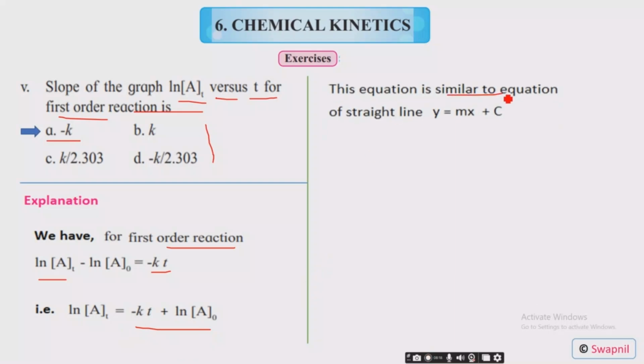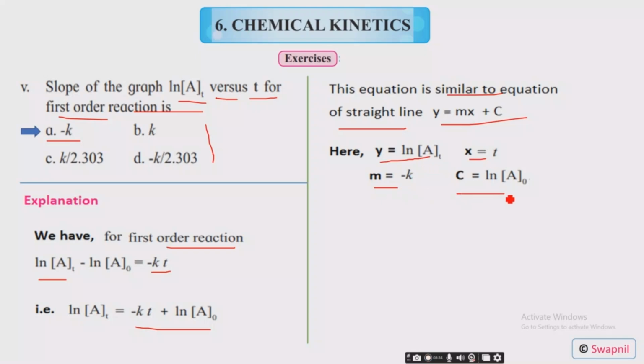This equation is similar to the equation of a straight line, that is y is equal to mx plus c, and by comparing these two equations, we get y is equal to ln of concentration of At, x is equal to T, m is equal to minus K, and c is equal to ln of concentration of A0.